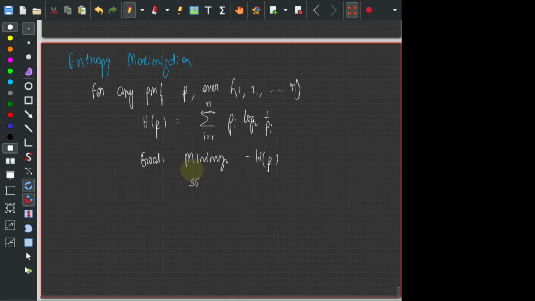It's always linear, right? Every moment of any PMF or PDF for that matter is linear in the distribution. So I can express this maximization of entropy with respect to moment constraints as a minimization of the negative entropy subject to some linear inequality constraints, such that A times p is less than or equal to some b.